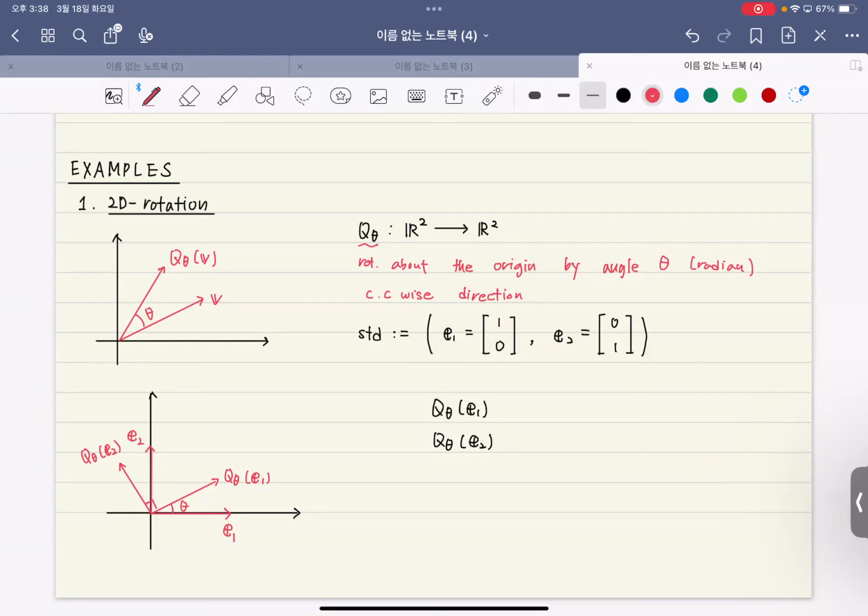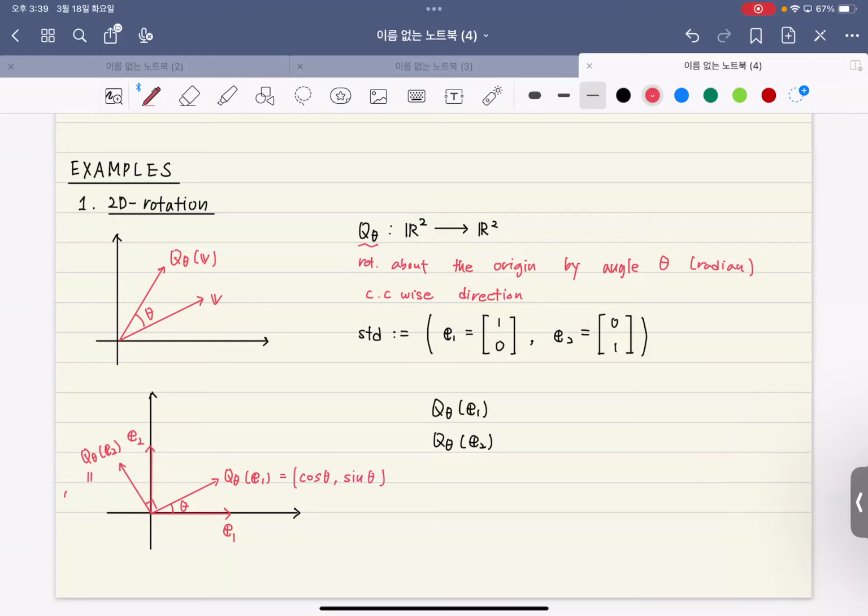This is not that hard because the x coordinate of this endpoint is cosine theta, and the y coordinate of this point is sine theta. Okay, so cosine theta and sine theta.